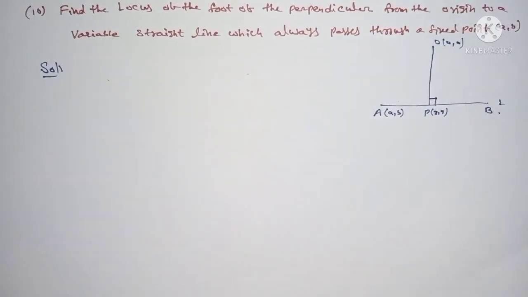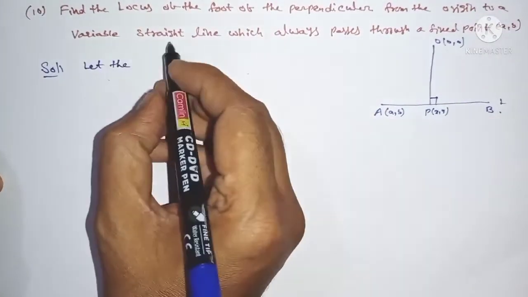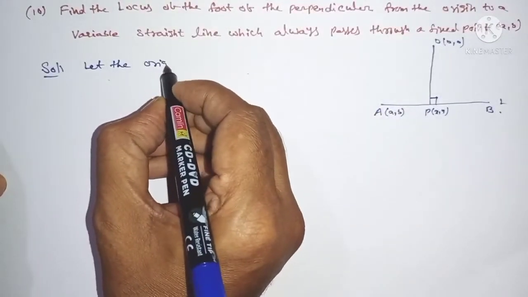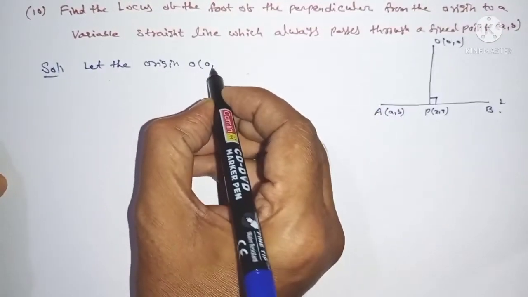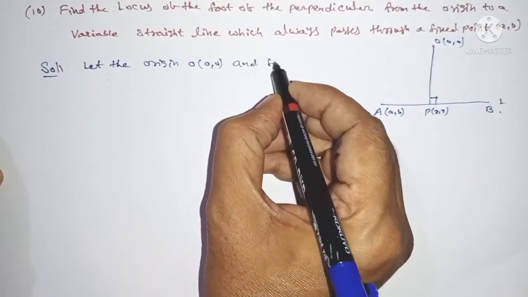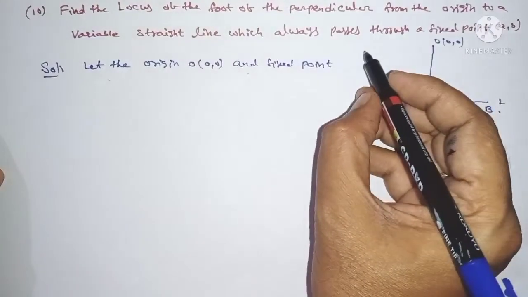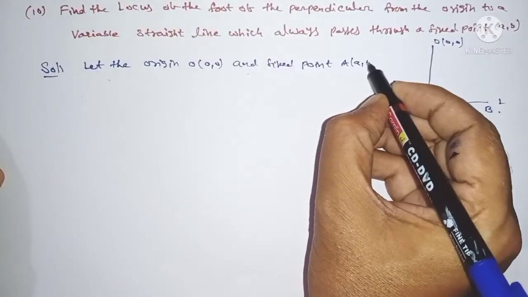See how to find the equation. Let the origin be O of 0 comma 0 and the fixed point a comma b is given.